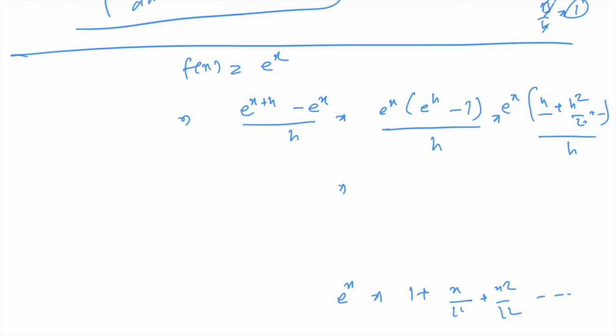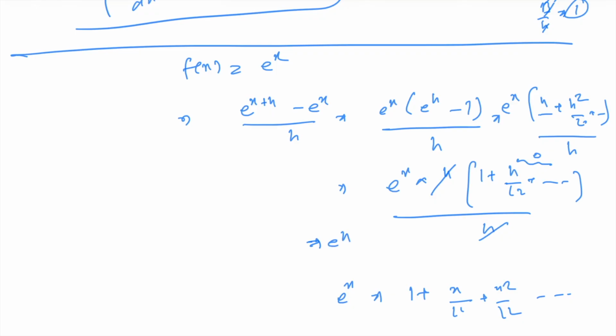And now if we take h common from here, it would become 1 + h upon factorial 2 + so on, upon h, and h would cancel out, and this part would become 0 since h tends to 0, so the remaining would be e^x. So we can write d/dx of e^x is equal to e^x.